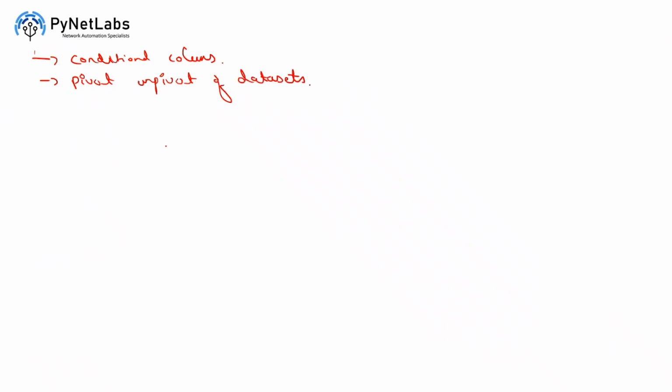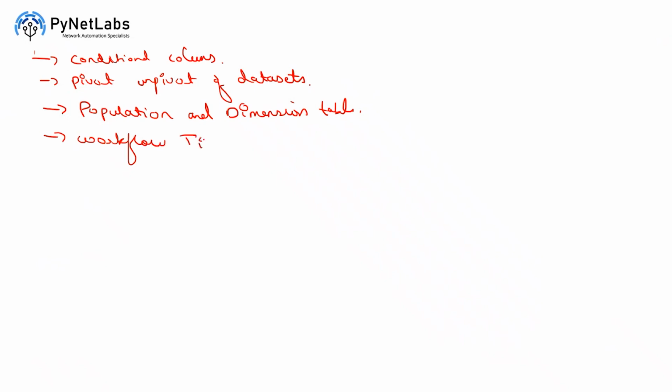We'll also practice population and dimension tables, very important topics here. Then we'll see some workflow tips that will help you work on real world cases. And we'll also have an assessment or assignment, or a project, that you will be covering after all these lessons have been taught.